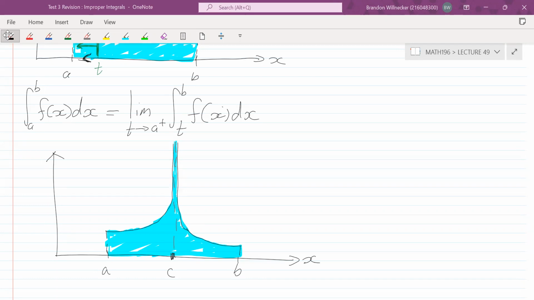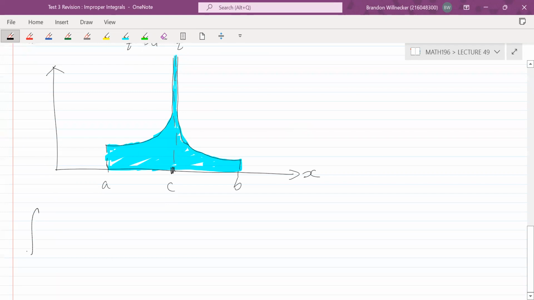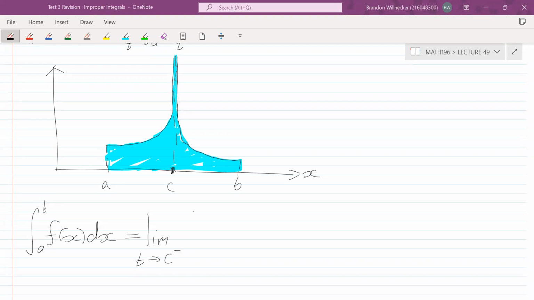So the integral from a to b, f of x dx: we know there's a problem at c, so this is the limit as t goes to c minus, because we're coming in from the negative side, of the integral from a to t, f of x dx. Again, we can't just substitute c directly because it's an asymptote. That is the left-hand side.